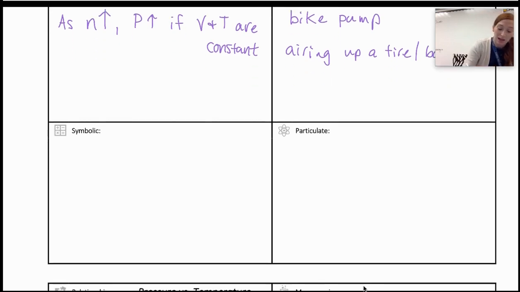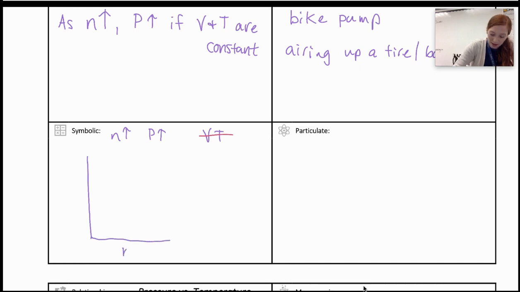Okay, again, we're going to show this: moles increase, pressure increases, and then this time the volume and temperature are going to be constant. So we're going to ignore those. Okay, same as before, we're going to sketch our graph. Okay, whoops, that's not very straight here.